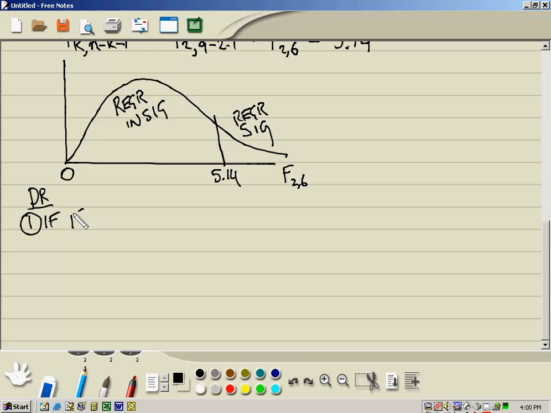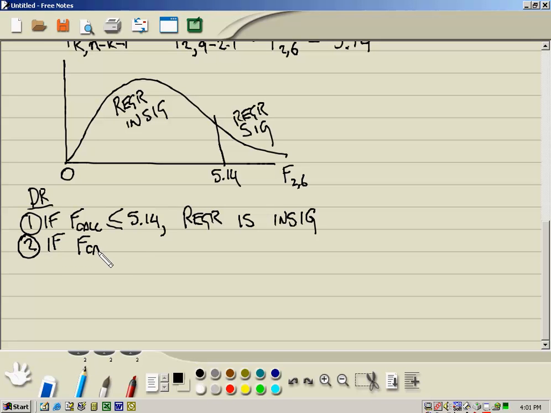If fcalc is less than or equal to the 5.14 critical value, the regression is insignificant. Alright, there's an insignificant explanatory power there in the sample. It means that there could be some in reality, but the sample data doesn't show up enough.